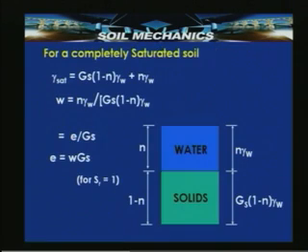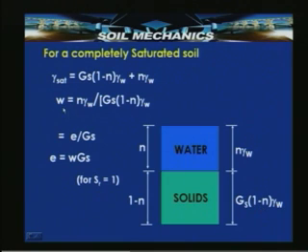Let us look at a completely saturated soil, where gamma sat is equal to Gs into (1 minus n) gamma w plus n gamma w. Here, the solids volume is 1 minus n, and n is the volume of water, which is the volume of voids. Then the volume of voids times the unit weight of water gives the weight of water, and the weight of solids is Gs into (1 minus n) gamma w.